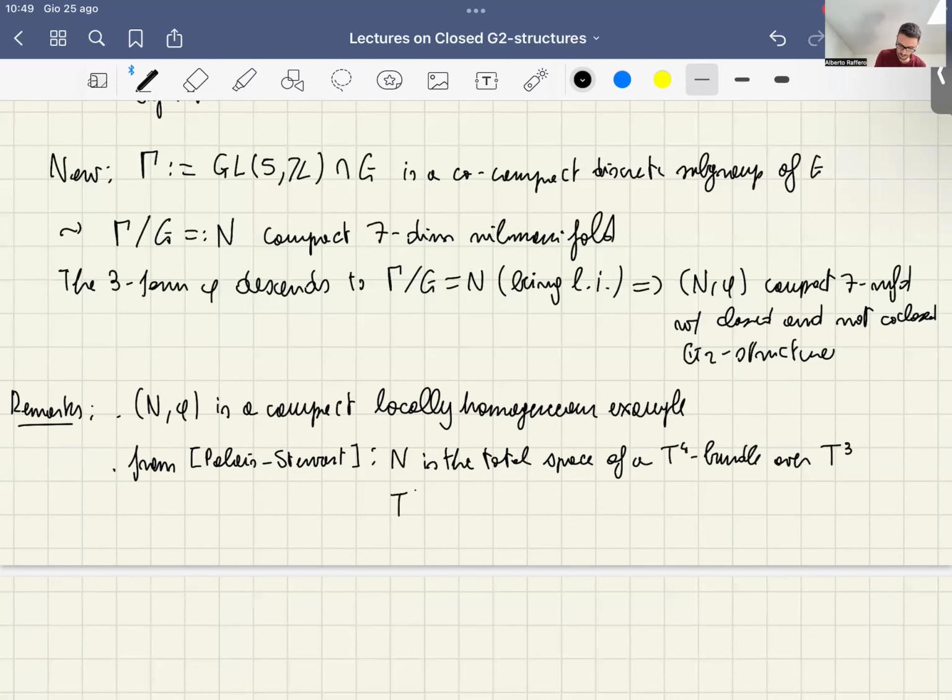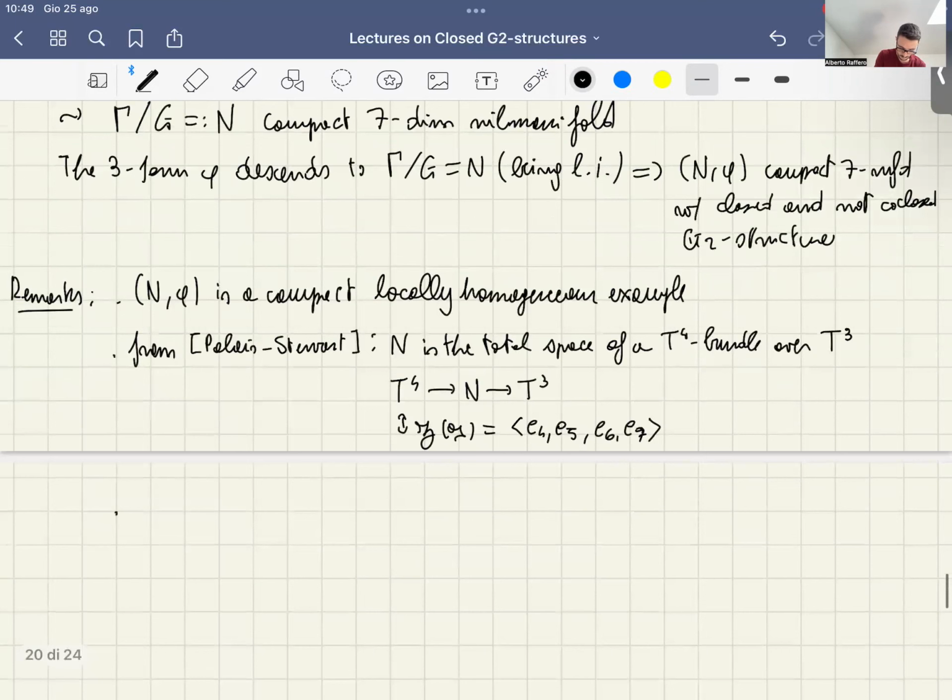So in particular, we have a fibration of this form, T4 going to N, going to T3, and this four-dimensional fiber is related to the center of the Lie algebra G, which in such a case is spanned by the left invariant vector fields e4, e5, e6, and e7 that are dual to the left invariant one-forms we consider to define the left invariant closed G2 structure.